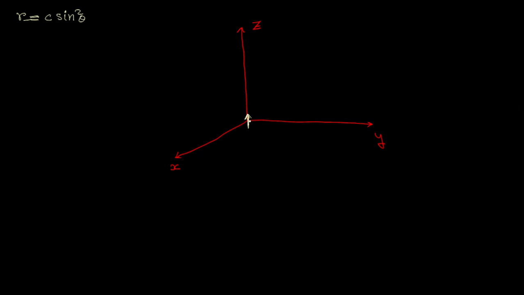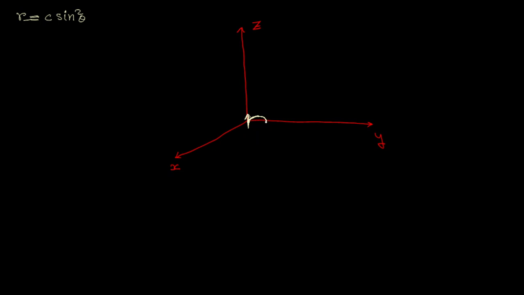So we can draw it like this: when theta is 0, r is equal to 0. If we increase the value of theta, r will also increase, so it will go this way. And at theta equal to 90, r will be maximum.